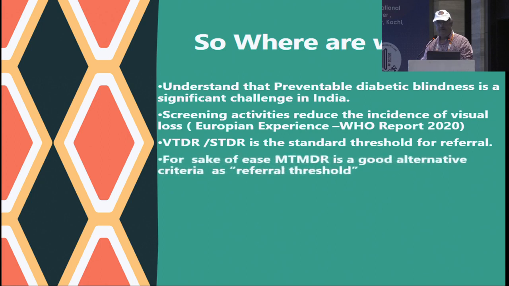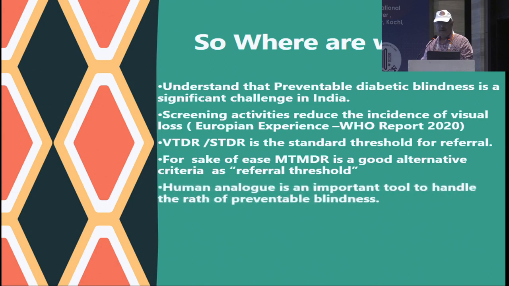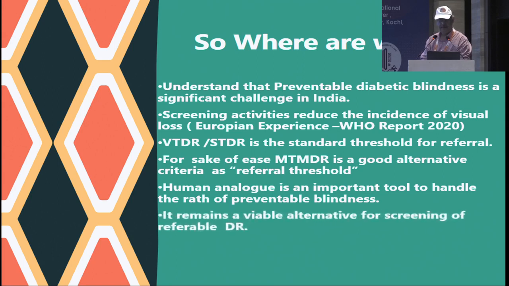So we are using MTDR, that's a good alternative criteria for referral threshold. And human analog, therefore, is an important tool to handle the wrath of preventable blindness, especially in our context where human resources are in plenty. It's also a viable standard alternative to AI in diabetic retinopathy screening.